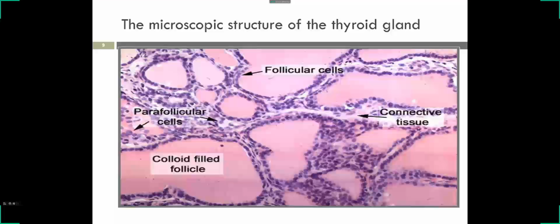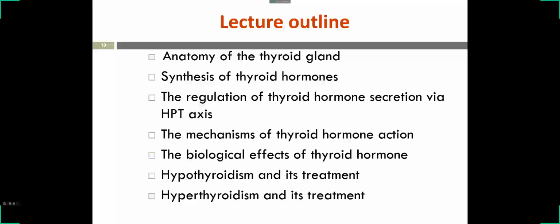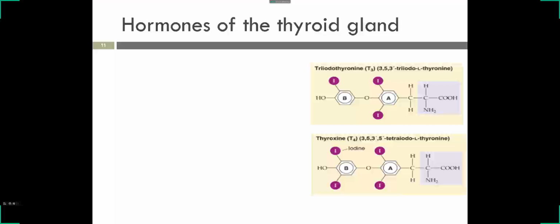Now, what does it actually do, and what are these hormones that it makes? So let's talk a little bit about the synthesis of the hormones, because they're directly related to the structure, or the anatomy. These are the major hormones that we talk about when we talk about the thyroid gland.